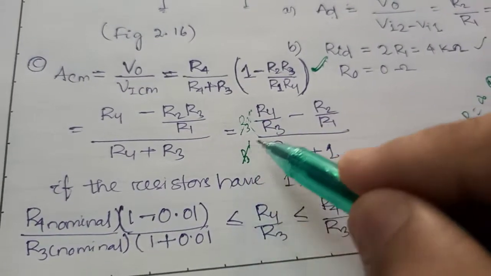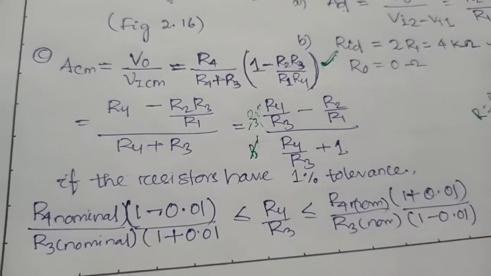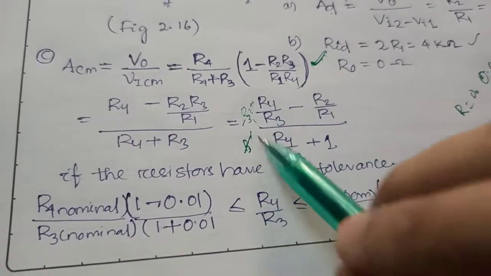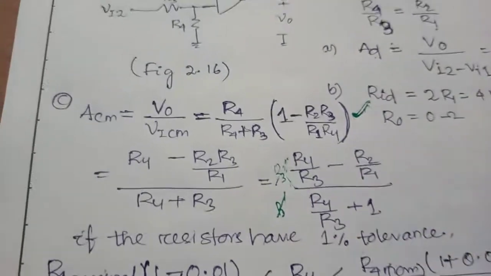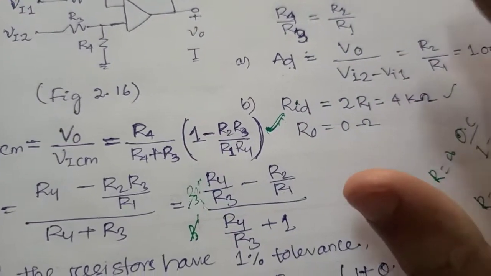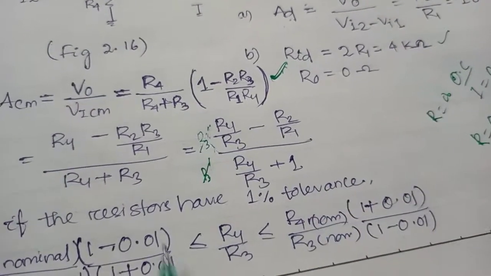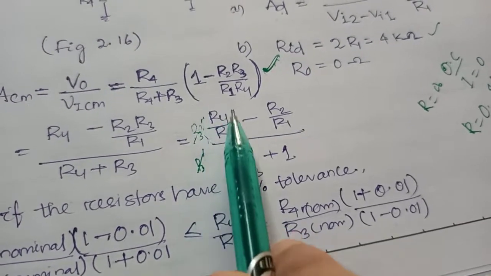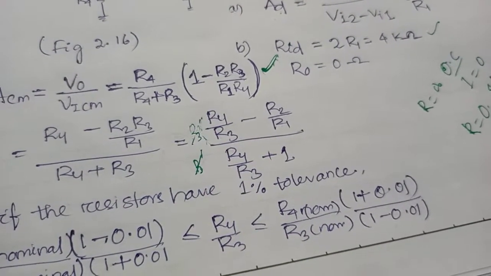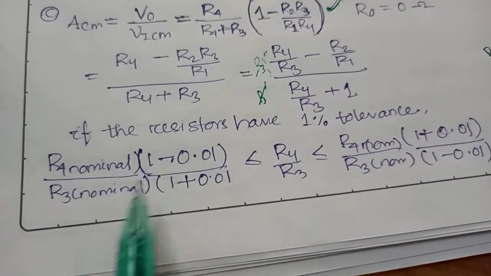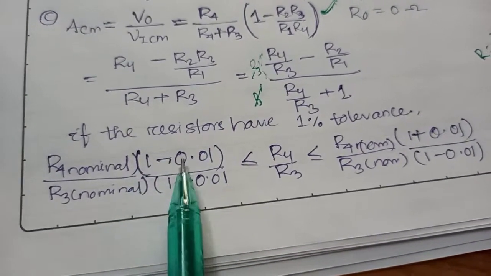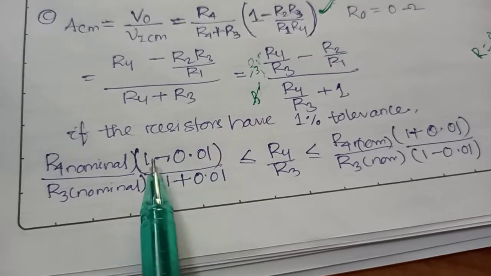So this R3 cancels out. Okay, now this is our V output upon VICM, but the nominal values are given as plus or minus 1%. So my R4 by R3 ratio will also range from the nominal minimum value to the nominal maximum value. So this R4 by R3 is 1 minus 0.01, which means it is 1% of 1.